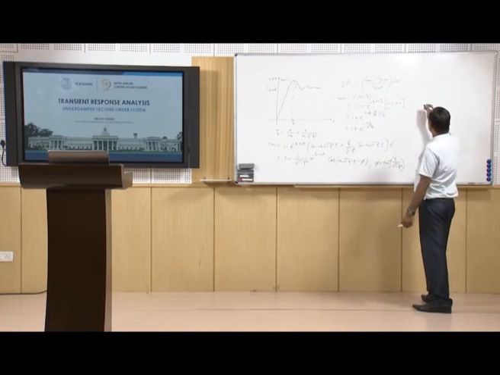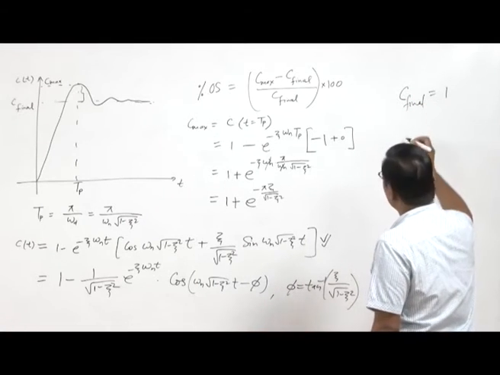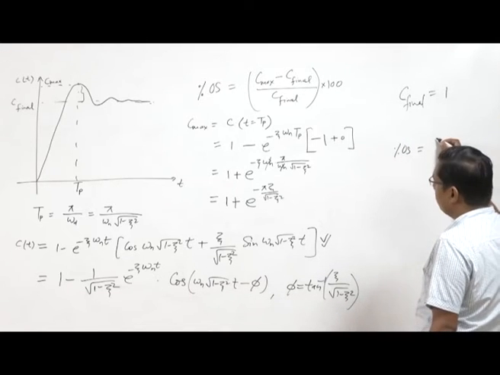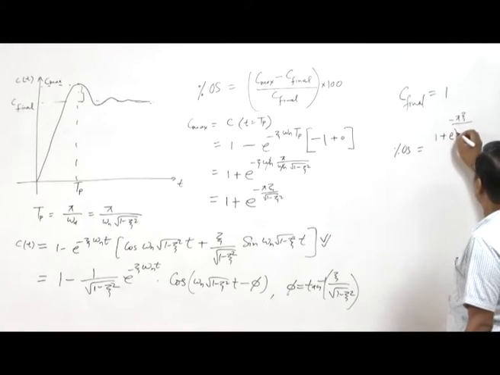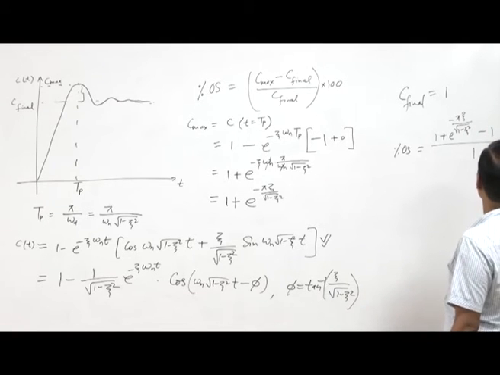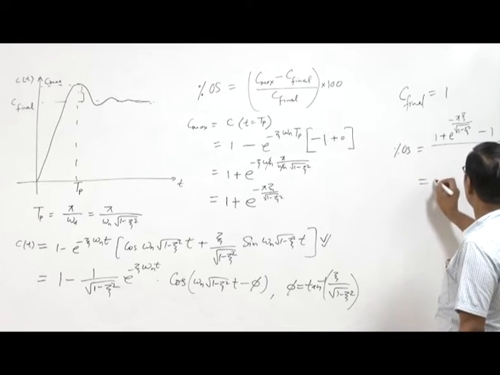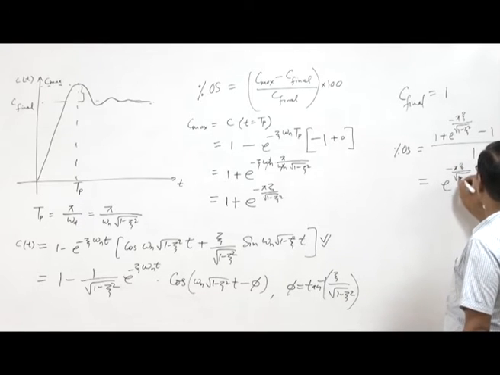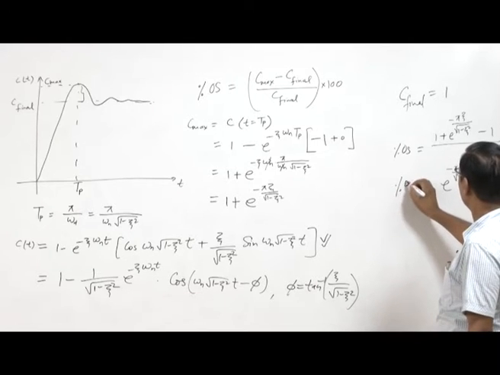So C final equals 1, and we get percent overshoot equal to C max, that is 1 plus e power minus pi zeta upon root 1 minus zeta square, minus 1, divided by 1, into 100. So that is equal to exponential minus pi zeta by root 1 minus zeta square into 100. This is the percent overshoot.